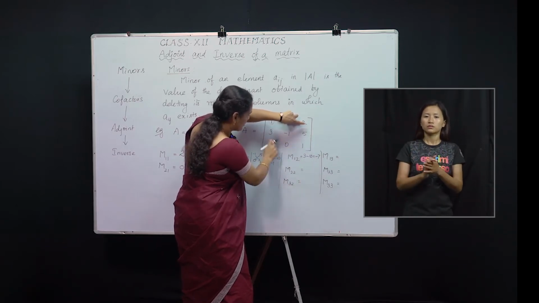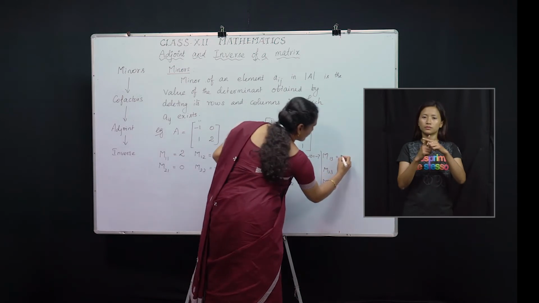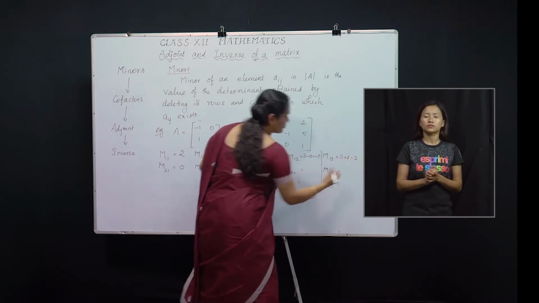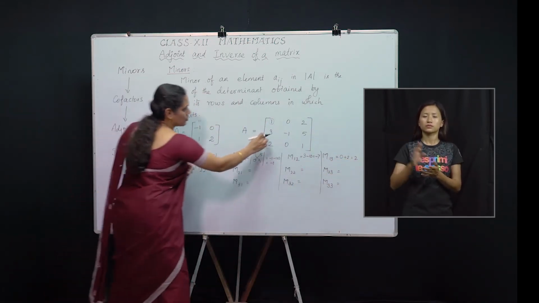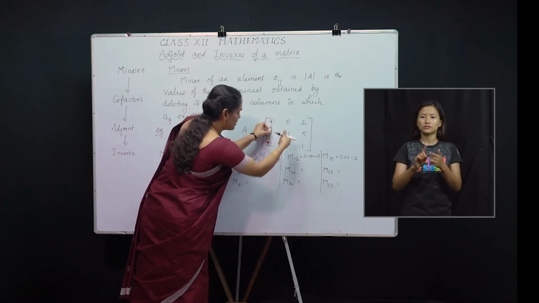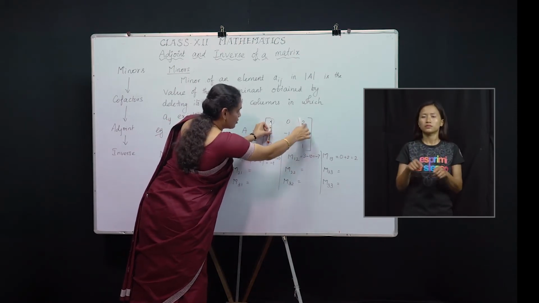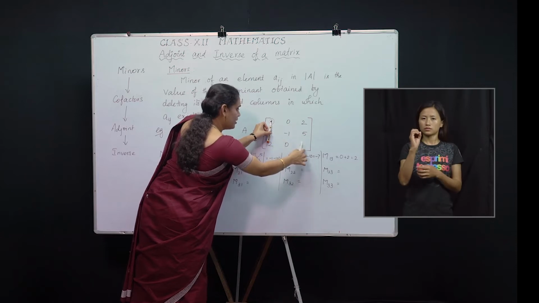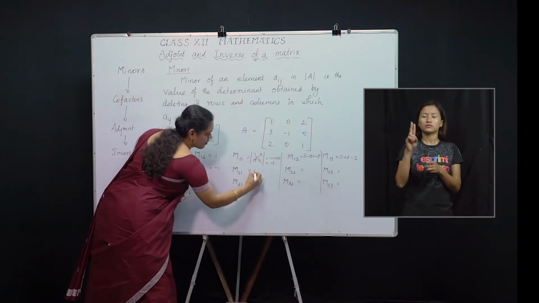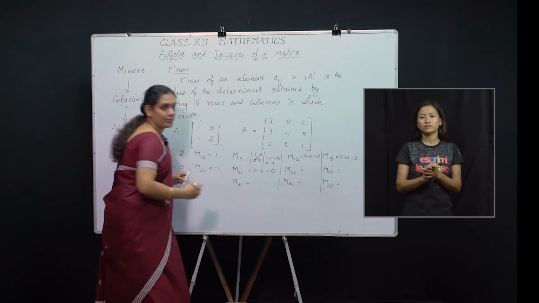So we will evaluate this, 0 plus 2, that is 2, right. Then for this element we delete this column and row and we get 0 2 0 1. If you multiply, 0 minus 0, that is 0, right.